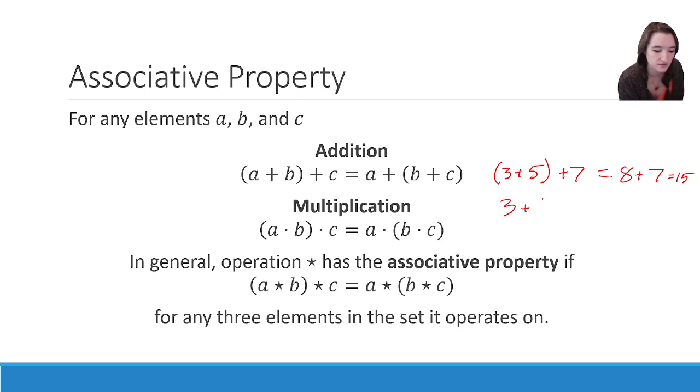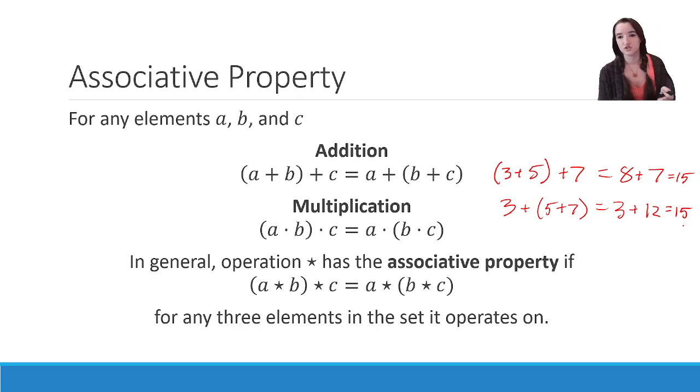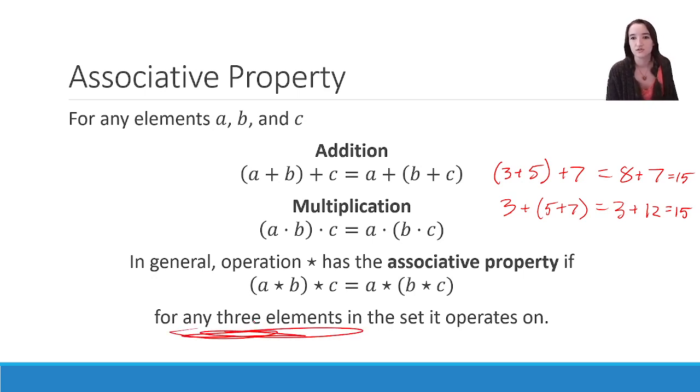Versus 3 + (5 + 7), which is 3 plus, again doing the parentheses first, 5 plus 7 is 12. 3 plus 12 equals 15. So that doesn't prove that addition is associative, because we need to show it for any elements in the set, not just these 3, but for all of them.